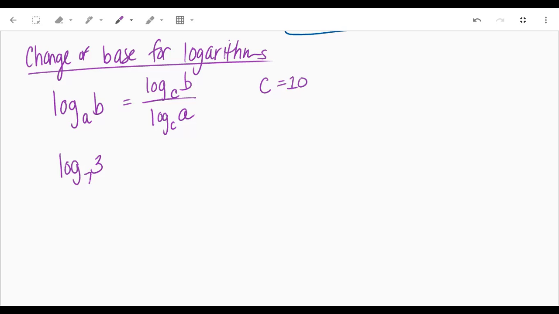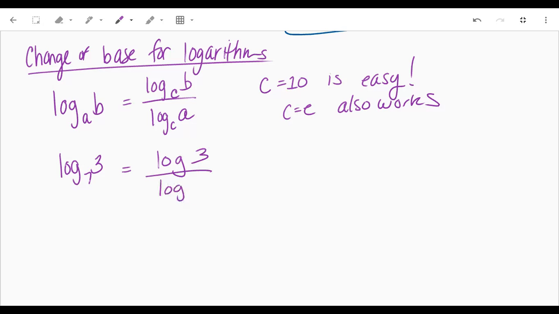The other one that it might be, c equals e, also works on your calculator. So if we have log base 7 of 3, we can do log base 10, and remember, you don't write the 10 when it's base 10, of 3 over log of 7.